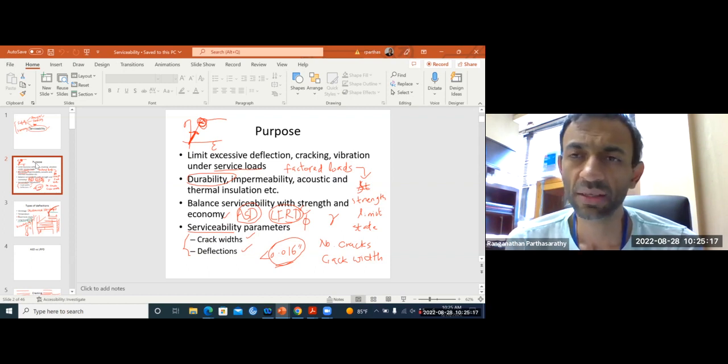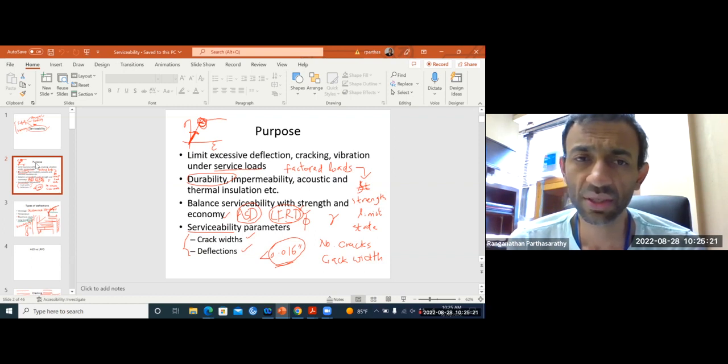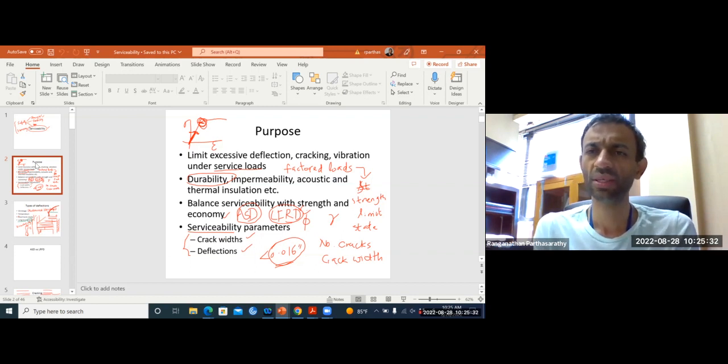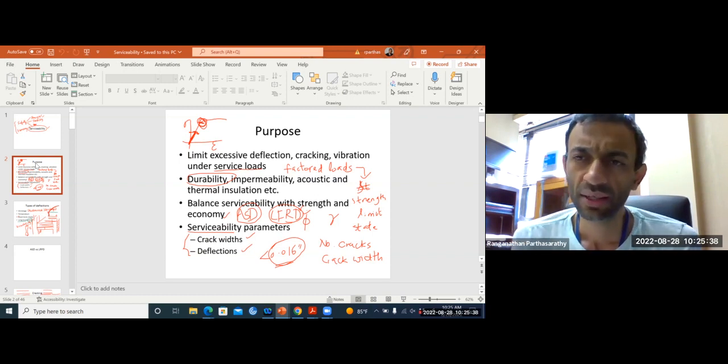Suppose you have sensitive machinery, the simplest case being that it has to be level to work properly. If your deflection is excessive, then over time the level will change, for example with long-term deflection or with the application of new load. Then your machinery may not work properly.